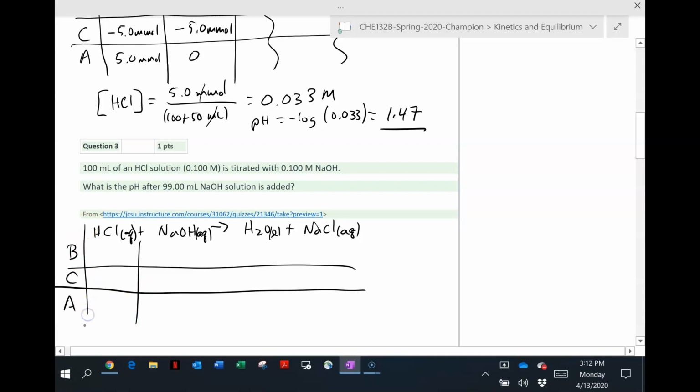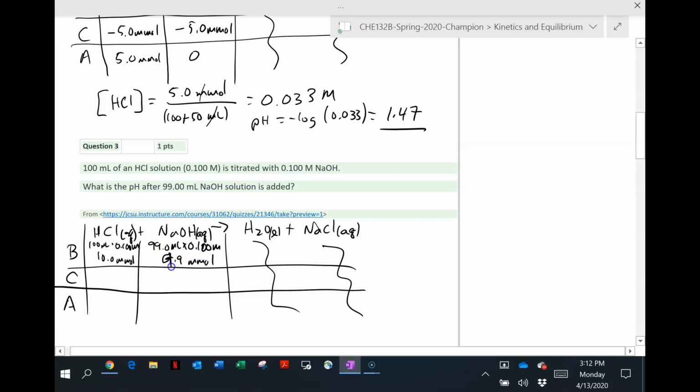I'm not going to be concerned about the water or the NaCl, only about how much HCl or NaOH is left over. As we said before, 100 times 0.1 gives me 10 millimoles. Now we have 99 milliliters times 0.1 molar. That's going to give me 9.9 millimoles.